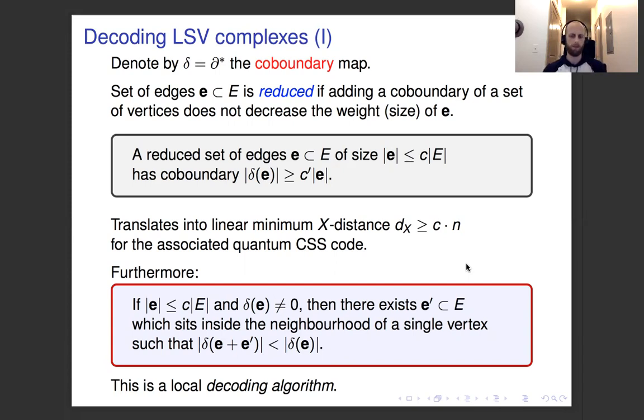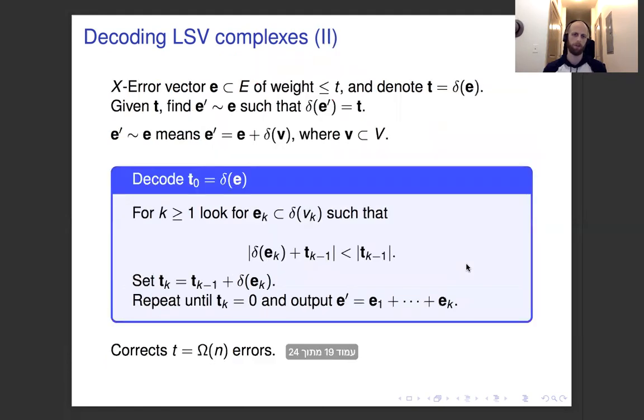And again, this is a property coming from high dimensional expansion theory, and this property enables you to come up with a local decoding algorithm.